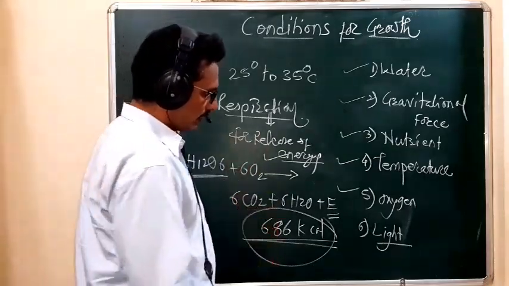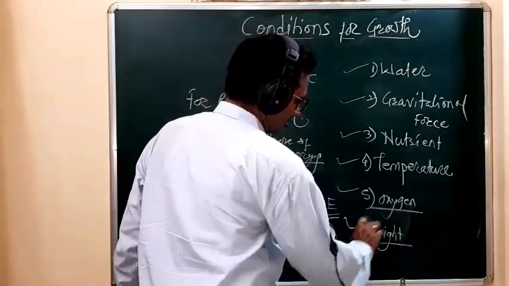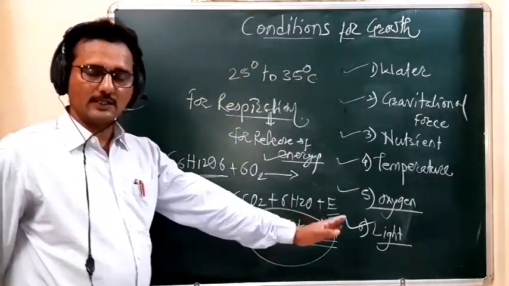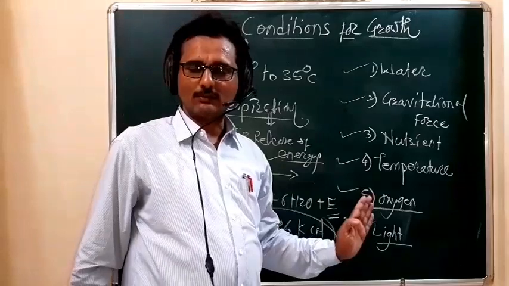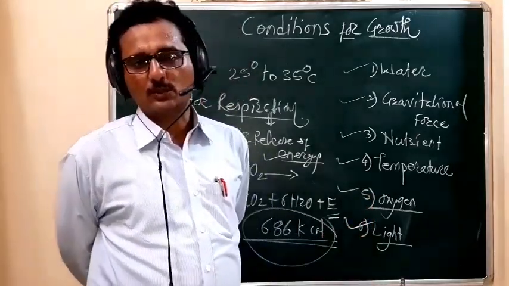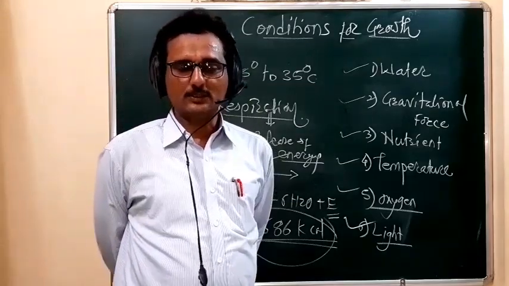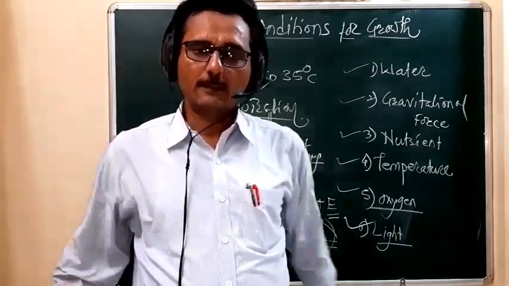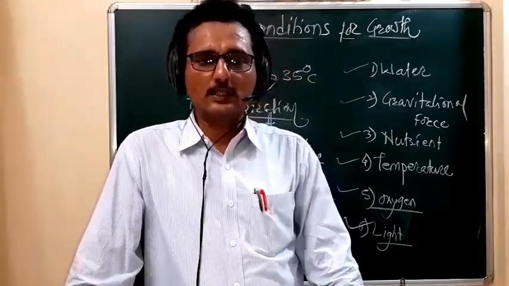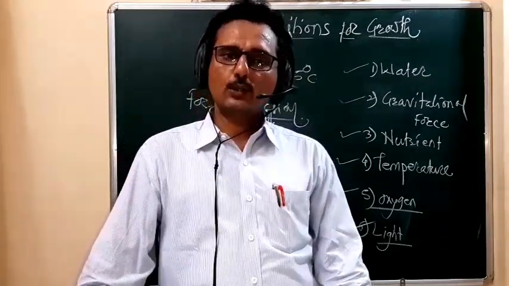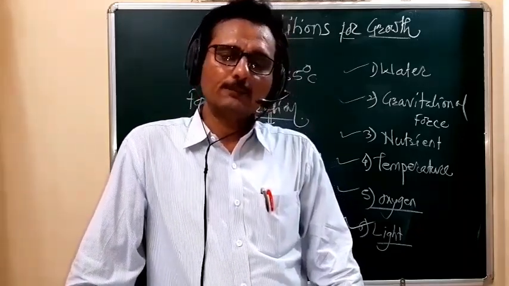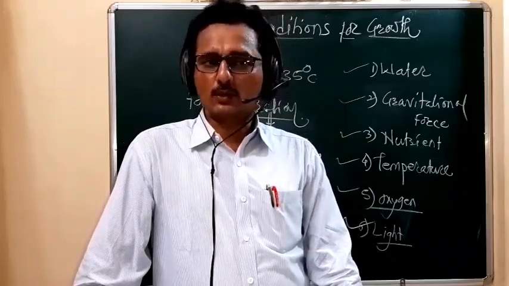Then there is a requirement of light. At what time is the light required? Why is there a requirement of light? Because in the presence of light, the plant carries out the process of photosynthesis. That means carbon dioxide reacts with water in the presence of light and chloroplast, and there is a formation of carbohydrate, with release of water, and along with that it also shows the release of oxygen.